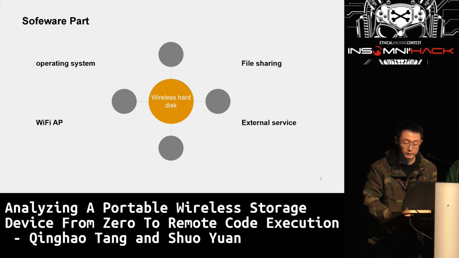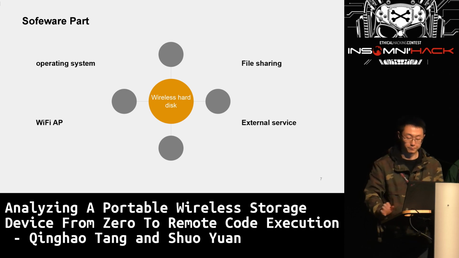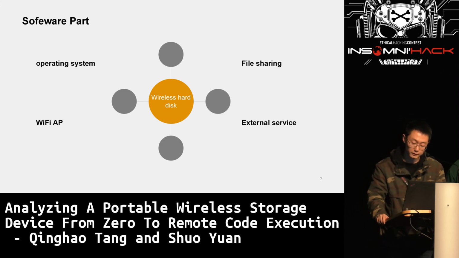The first one is to open and close the wireless access point hotspot. The second one is to connect to mobile devices and transfer files wirelessly. The third one is to provide some external network services, such as remote media playback.